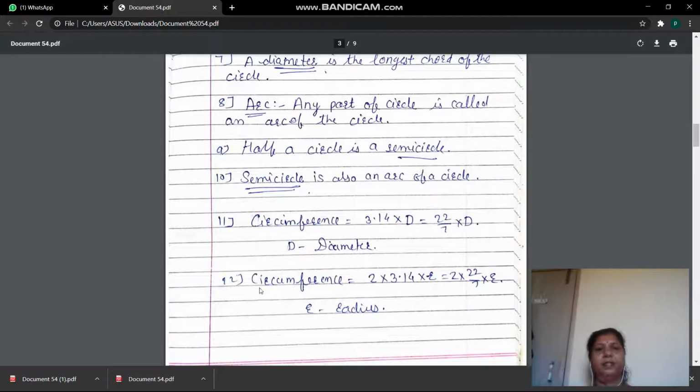Okay. Then second, circumference is equal to 2 multiplied by 3.14 multiplied by r, that is 2 multiplied by 22 upon 7 multiplied by r, where r is for radius. Okay. Next.